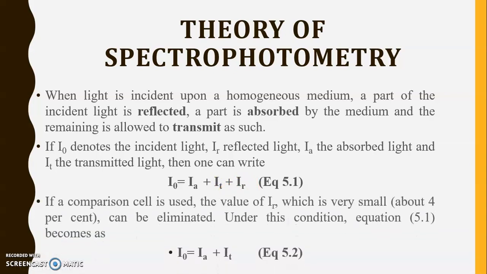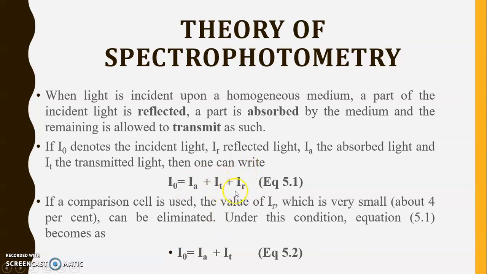Now, if a comparison cell is used, the value of IR is very small, about 4% only, so we can eliminate this value, and under this condition our equation becomes I0 equals IA plus IT. Means the amount of light that is reflected is very small compared to the amount of light absorbed and transmitted.